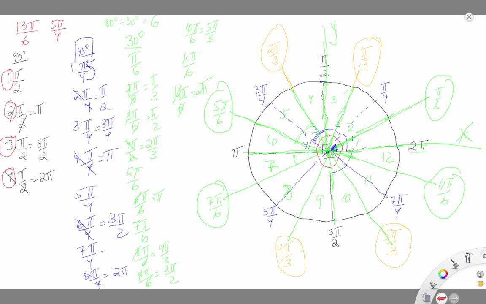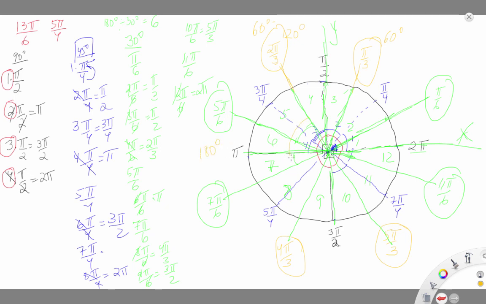What you are seeing here as well is that the ones I wrote in yellow, pi over 3, is really 60 degrees because it's 2 times 30 degrees. And then when I go another 60 degrees, I get 120 degrees, which is equal to 2 pi over 3. And if I go another 60 degrees here, I end up at 180 degrees.